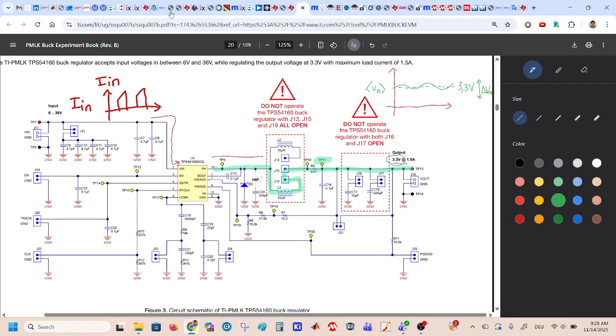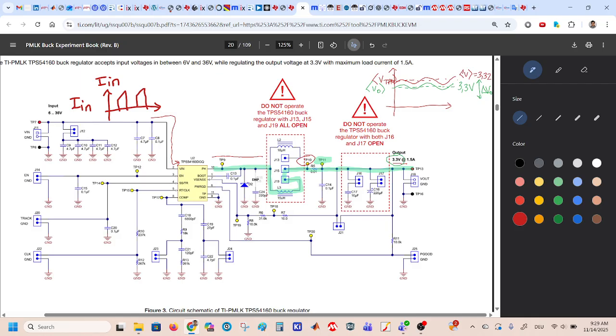And if we look at TP10, TP10 should look like the same as the output voltage waveform, but TP10 would be a little bit higher, for example 3.32 volts.